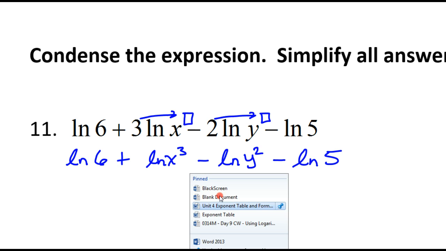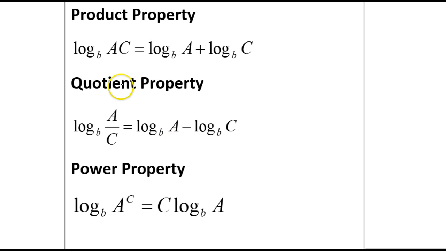Now, let's go to the black screen for a quick second. Okay, in terms of when you have the quotient property and the product property all in one problem, I'm telling you addition becomes multiplication, subtraction becomes division, but what about when I have them all together in one problem?